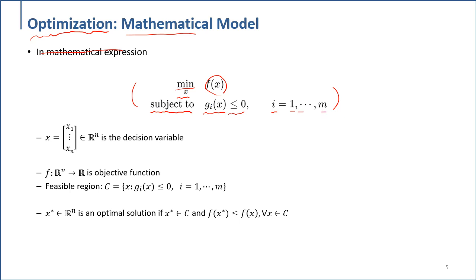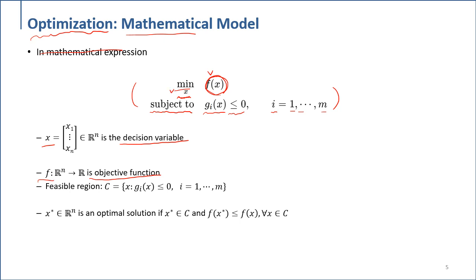As you can see here, x is the decision variable, and the objective function is f(x). So our problem is minimizing f(x) over x.